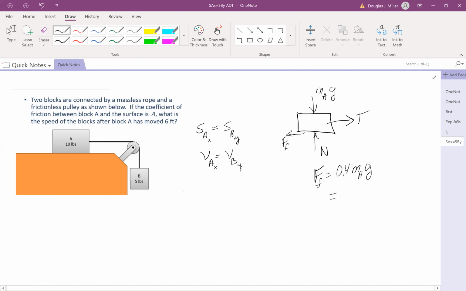Again, that was our mu, our coefficient of friction. So we have 0.4 multiplied by the mass, which is 10 over 32.2. Since we're dealing in pounds, we're going to utilize US customary, so we divide by 32.2, we multiply that by 32.2. So we find that the force of friction is equal to 4 pounds.